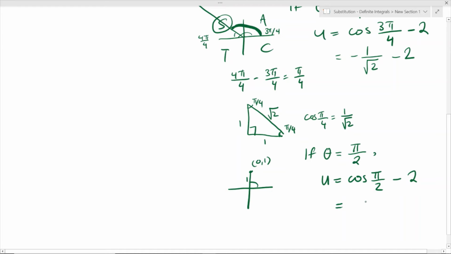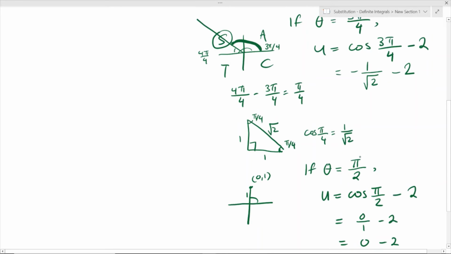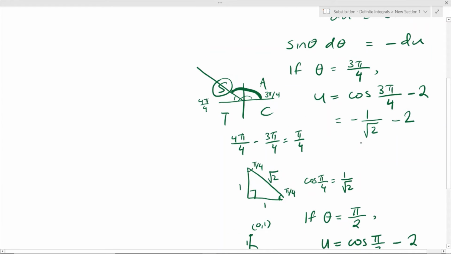So cos pi over 2 is equal to 0 over 1 minus 2, and that's going to be equal to 0 minus 2, which is equal to negative 2. Alright, so we have found this value right here, negative 2, for if theta equals pi over 2, and we also found the value right here for u if theta equals 3 pi over 4.